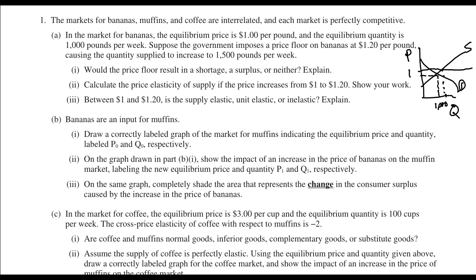So we went up to 1,500. Of course, the quantity demanded there is going to be less than 1,000. So would the price floor result in a shortage, a surplus, or neither? Well, the quantity supplied is greater than the quantity demanded, so we will have a surplus.